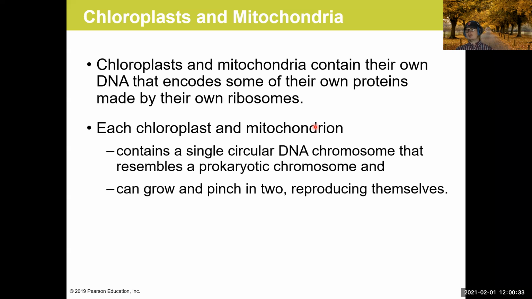And that's really interesting that both of those organelles have their own individual DNA. And the DNA is actually a single circular chromosome that reminds you of a prokaryotic chromosome.